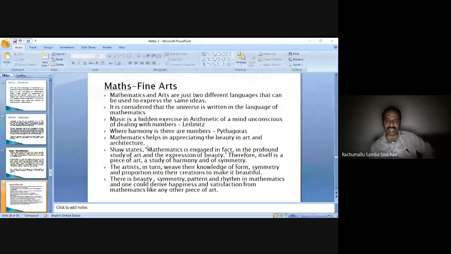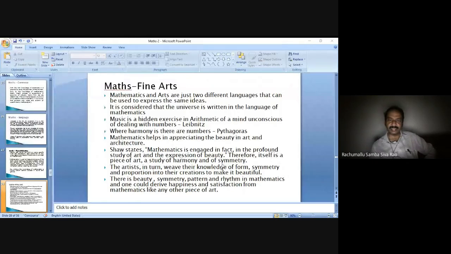Mathematics helps in appreciating the beauty in art and architecture. Shah states mathematics is engaged, in fact, in the profound study of art and expression of beauty. Therefore, it is itself a piece of art, a study of harmony and symmetry.